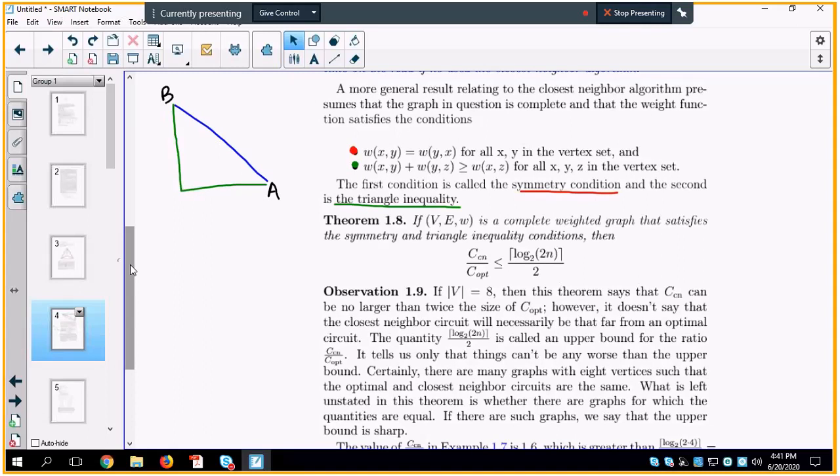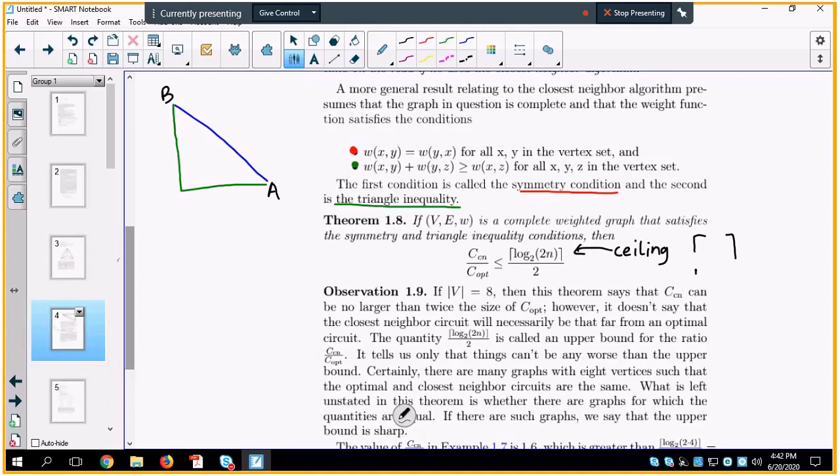It says if V, E, W is a complete weighted graph that satisfies the symmetry and triangle inequality conditions that we just discussed, then this ratio of the closest neighbor cost divided by the optimal cost should be less than or equal to, this means the ceiling function. In a previous video, we've seen the floor function, so the ceiling function is denoted like this.